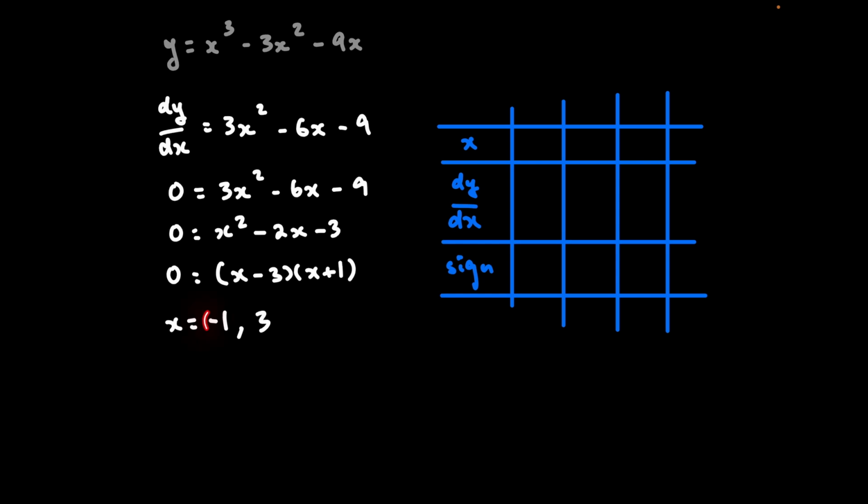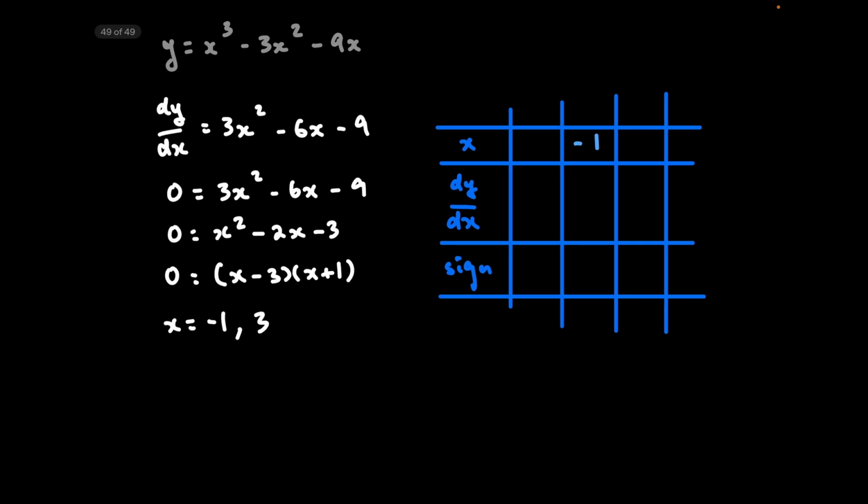We'll start with x equals negative 1. Negative 1 will be in the middle because that's our stationary point. And we're going to choose x values slightly to the left and slightly to the right of negative 1, so in this case negative 2 and 0. We know the derivative when x equals negative 1 is going to be 0 because this was our stationary point. Let us now work out the derivative when x equals negative 2.